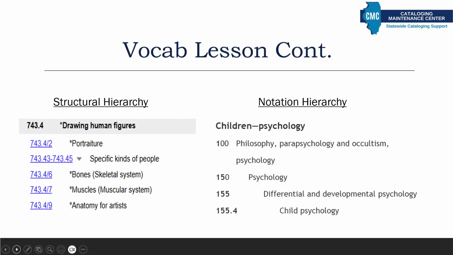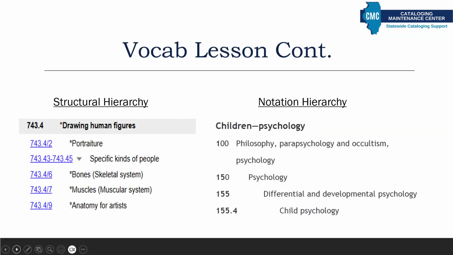Then looking at a notational hierarchy, any given subject is usually subordinate to the topic whose notation is 1 digit shorter. So our example is for child psychology. I couldn't grab this directly from Web Dewey because Dewey is expansive in its view. But what this image is showing us is how the change of a single digit can help us build a more specific classification number.